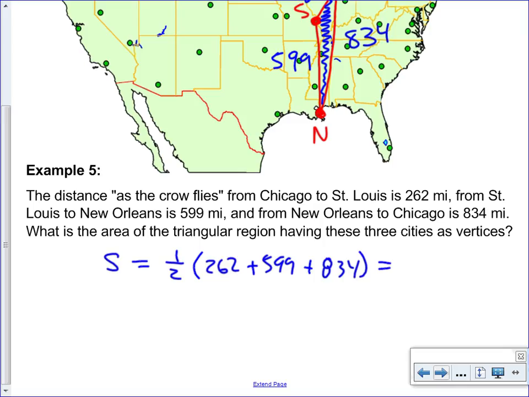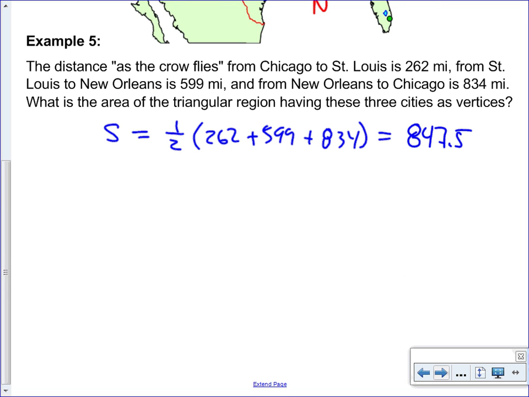I got 847.5. Is that right? Okay. Now we have S.